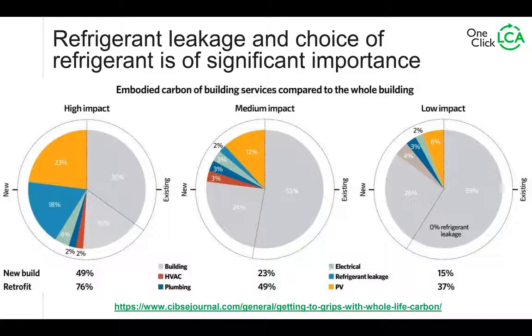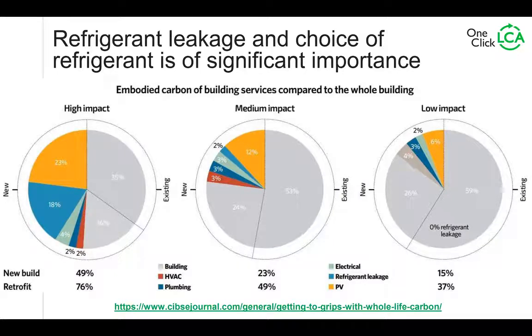Just to put this in a different context, in my summer cottage, the small heat pump which is installed on the wall has embodied carbon of about 50 kilos, but the GWP of the refrigerant fluid load in it is about 3,500 kilos.